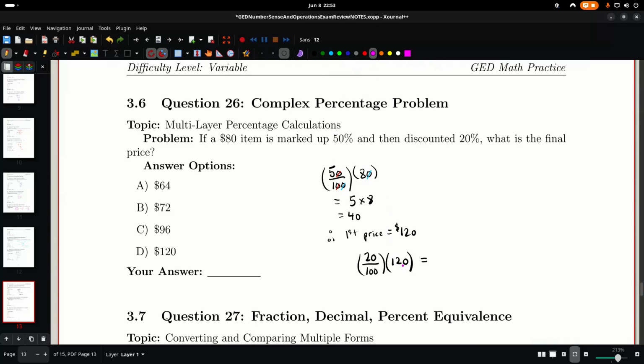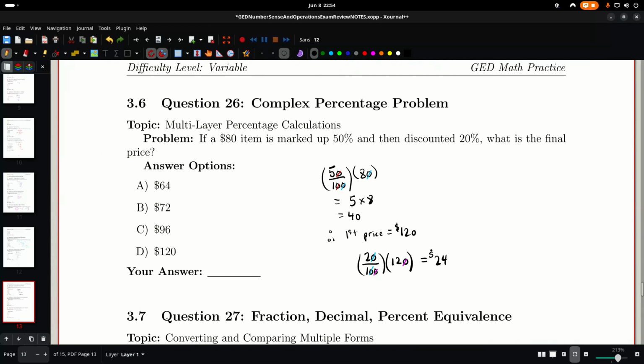We can do 120 divided by 10 gives us 12, and 20 divided by 10 gives us 2. So we have 20 divided by 10 is 2, and 10 divided by 10 is 1. So really we just have 2 times 12, which is $24.